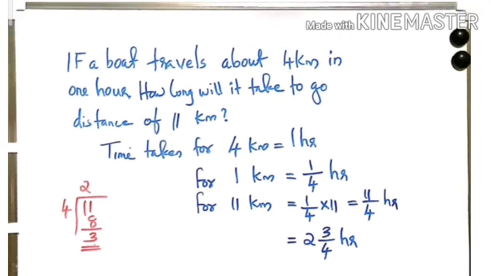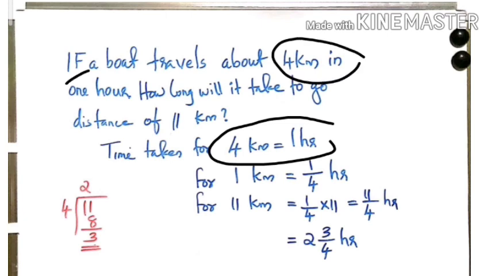Here the time taken to travel 4 km is 1 hour, which is given in the question: 4 km in 1 hour. So to find the time taken for traveling 1 kilometer, divide this 1 by this 4.